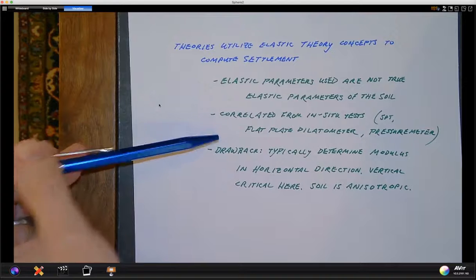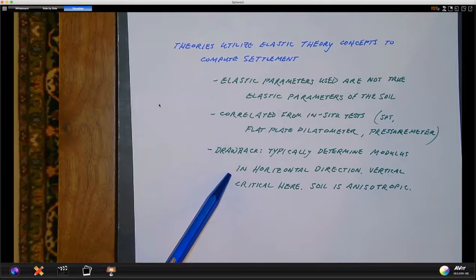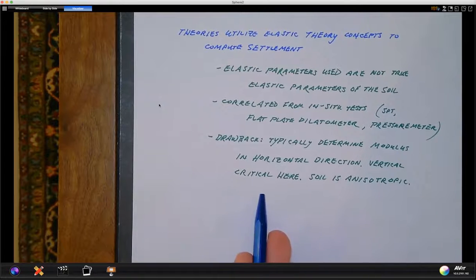And a drawback of this is that you're typically determining the modulus in the horizontal direction, and that is most acutely evident with the dilatometer or pressure meter, where you're actually pushing the soil outward horizontally and measuring its stiffness in that direction. And vertical is actually what we're interested in. We want to know about vertical settlement, how the foundation is going to move downward.